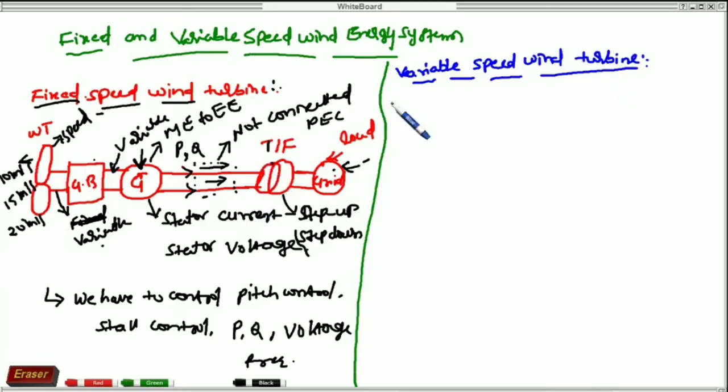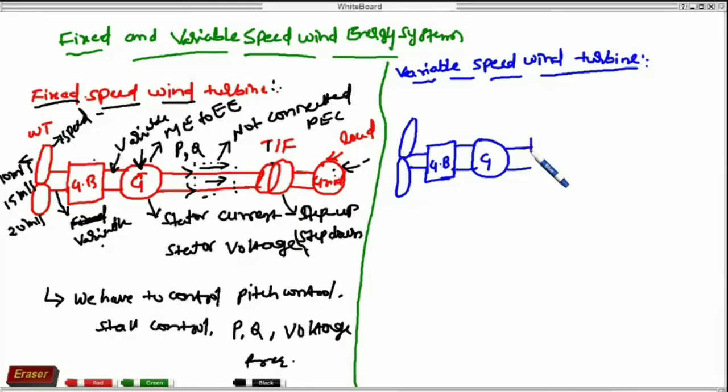Variable speed wind turbine means again we have the wind turbine connected with a gearbox, and again we connect a generator here, and then power electronics converters.